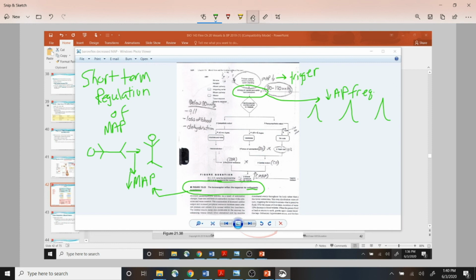Now, what is lower than normal? Well, not way lower than normal, but let me give you this idea. I'm going to get rid of this so I can use a different color here. Normally, when your mean arterial pressure is in this range, your baroreceptor reflex can work efficiently.